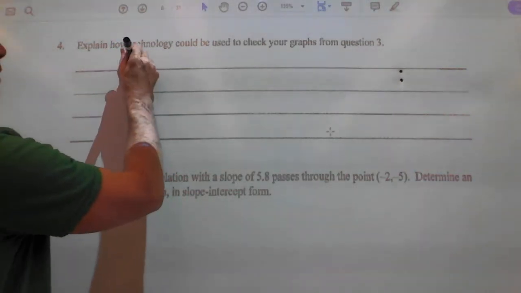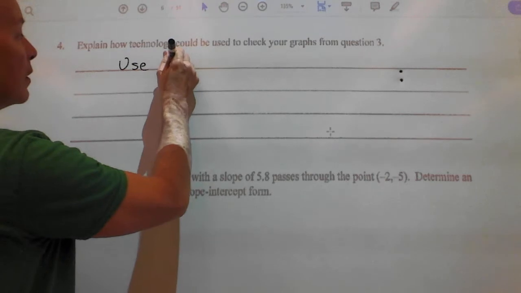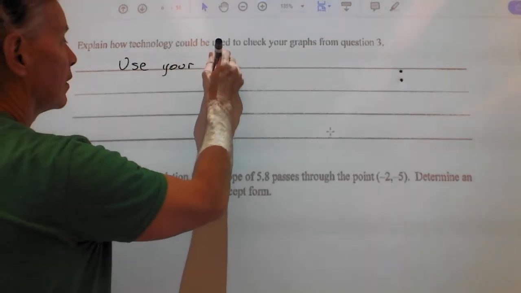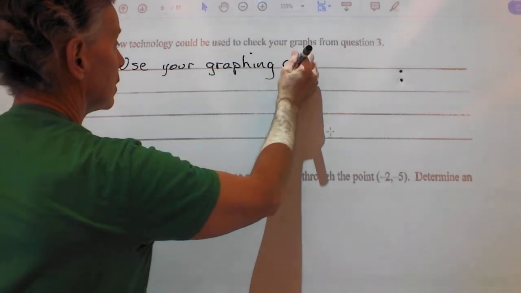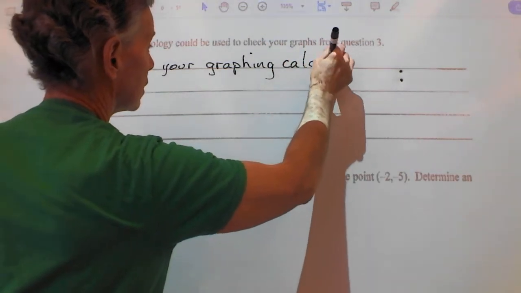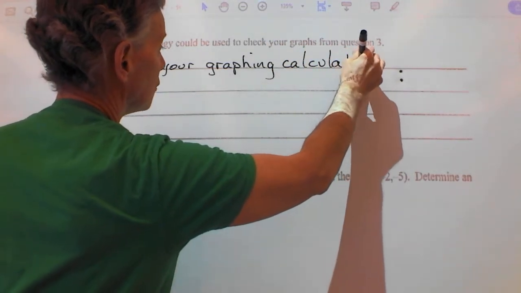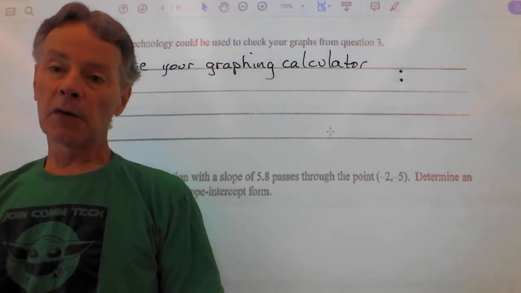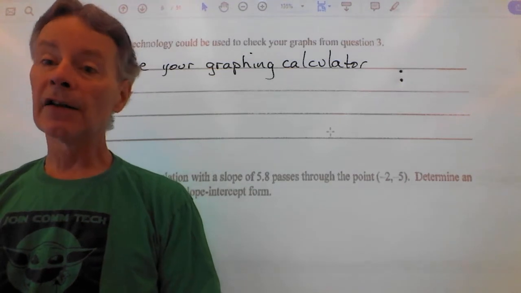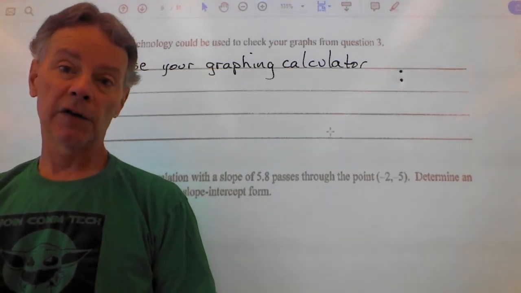But use your graphing calculator now. Since most of you are going to be taking Math 20-2 next year, you're going to get tons of practice doing this next year, so don't worry about it.